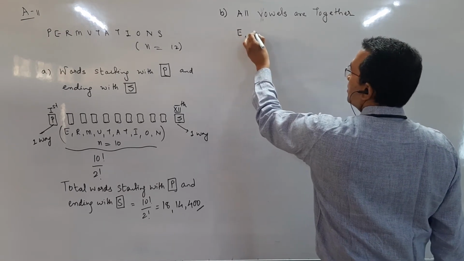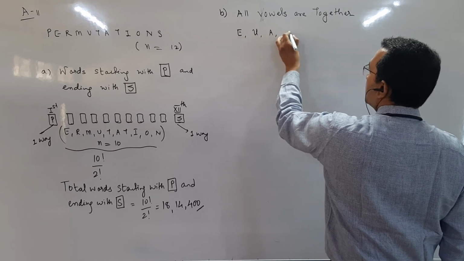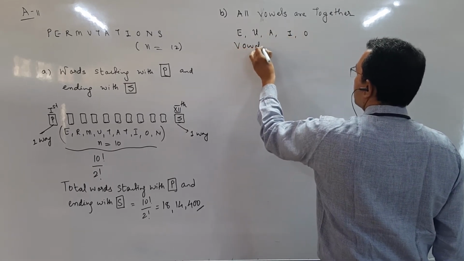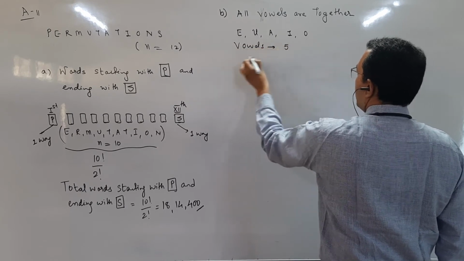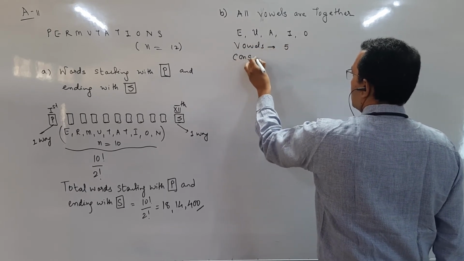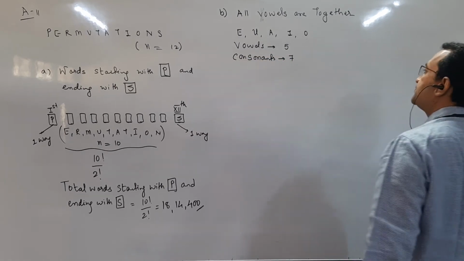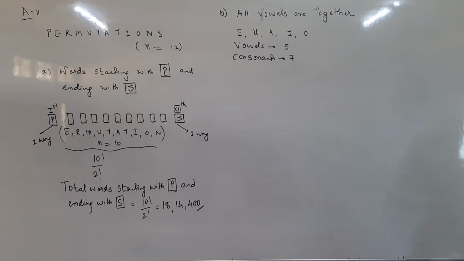E, U, A, I, O. All 5 vowels we have. Vowels are 5. Consonants are 7. So all vowels are together.